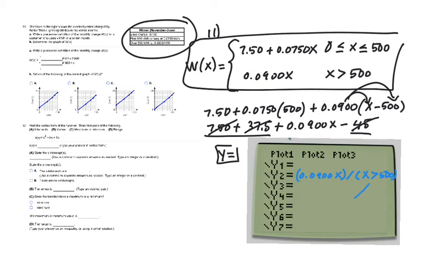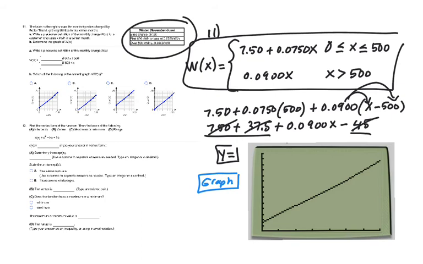To get this inequality again, you'll just choose second, math, and for strictly greater than, we'll type in 3. And so now after that, you'll click the graph button.